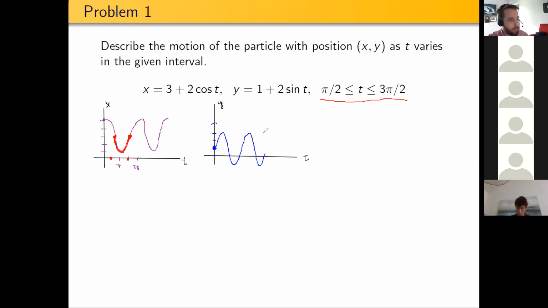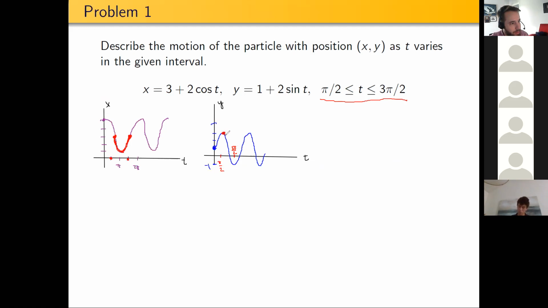Notice that if I hadn't raised it by 1, it would have gone from a height of plus 2 to minus 2. So now it goes from a height of plus 3 to minus 1, and that's minus 1 here. And then just like before, we can notice the restricted domain. At pi over 2, we're going to be up here at the highest point for the sine function, and at 3 pi over 2, we're going to be at the lowest point.